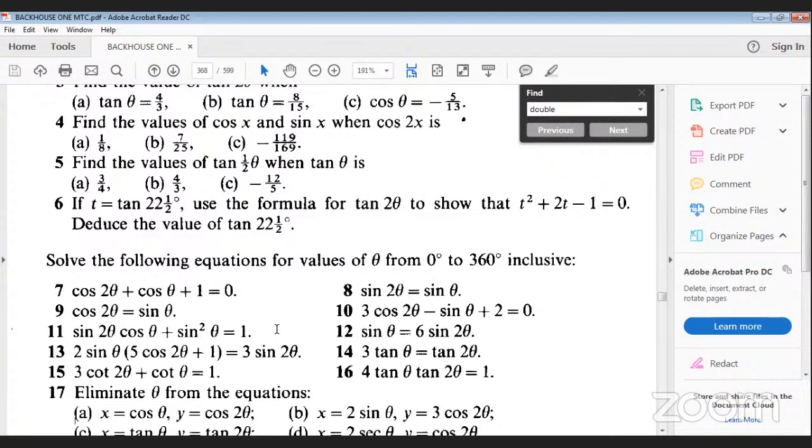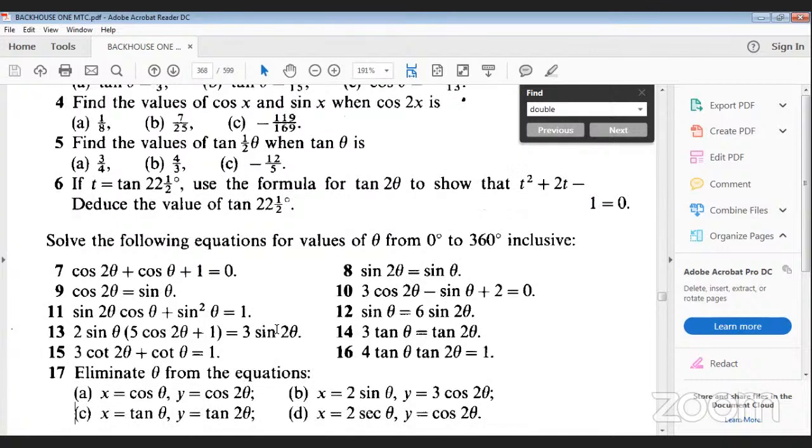Cot is cos over sine, so it is better to have it in terms of cos 2 theta divided by sine 2 theta. Then you introduce the LCM and calculate.